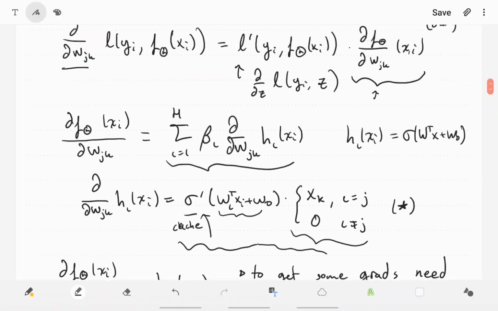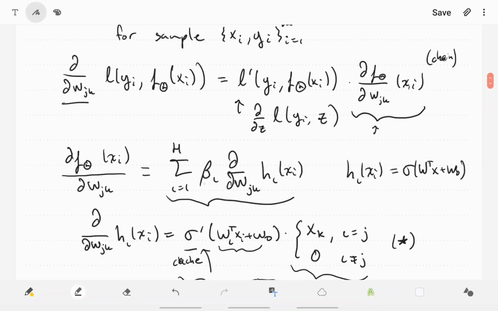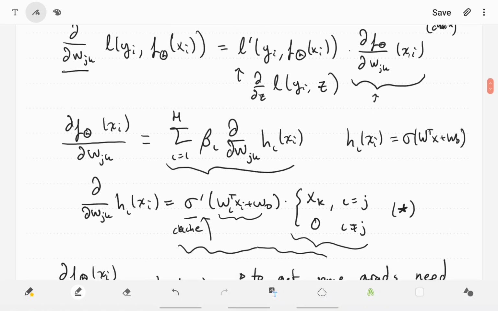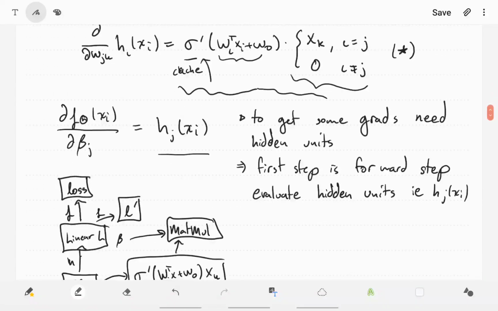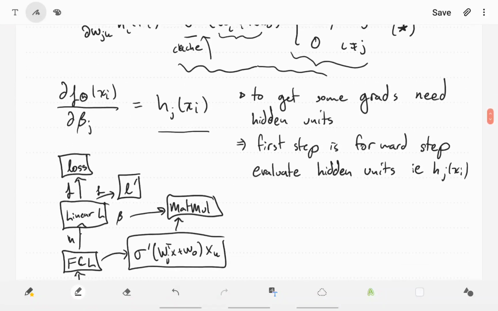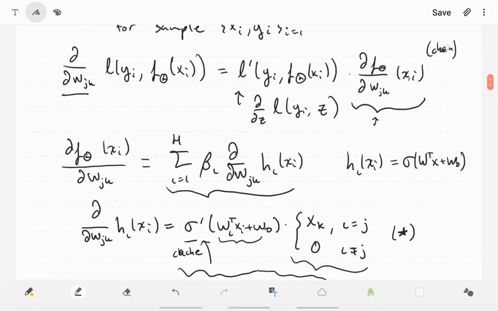Because we have the beta from the linear layer applied to the vector multiplication, or the matrix multiplication applied to this tensor of the h. Okay. So that's the next thing that's calculated. So now we have this partial of f sub theta with respect to w jk.